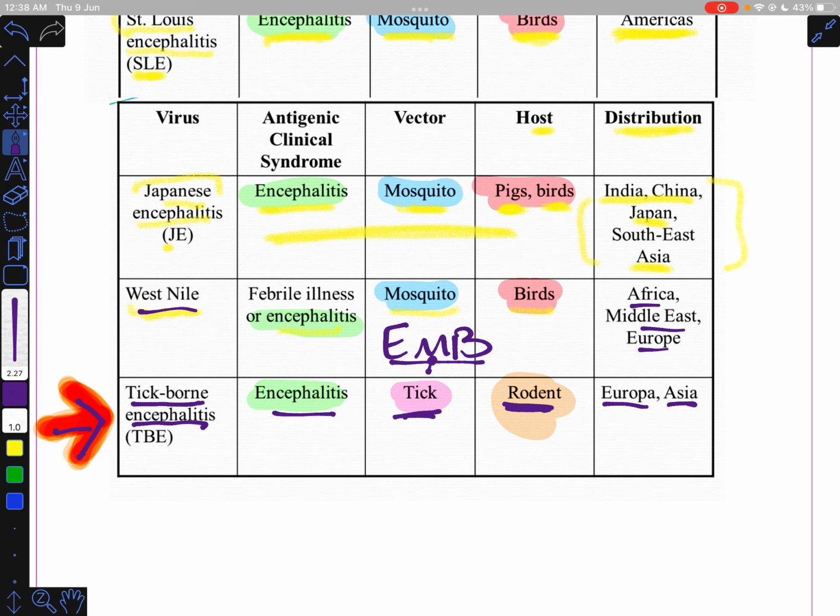Rodent in Asia, because almost it is poor. So Asia has people whose houses have a lot of rodents. Just remember, the population of Asia is poor, and they have a lot of rodents in their houses.